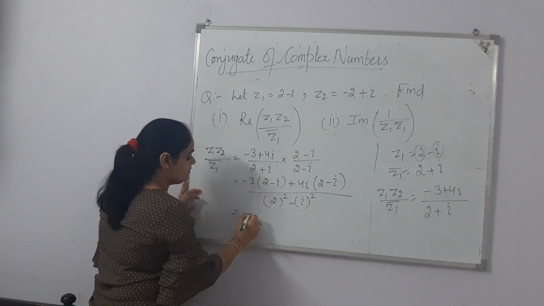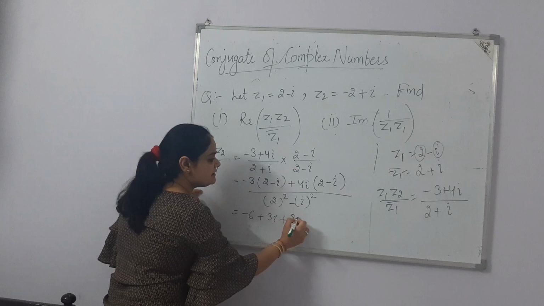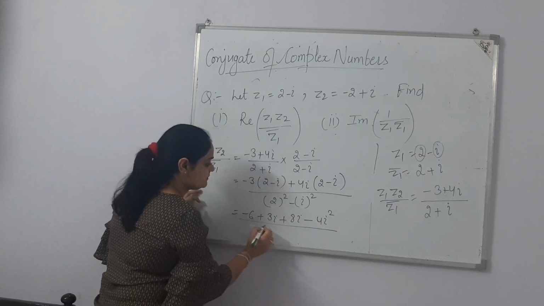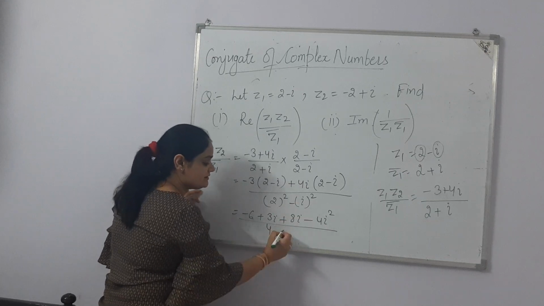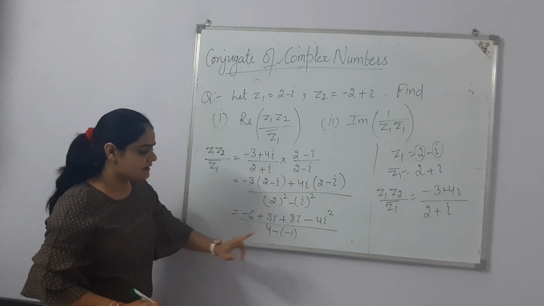So it becomes minus 6 plus 3 iota plus 8 iota minus 4 iota square. Iota square's value is minus 1. So minus minus plus. It becomes 5.